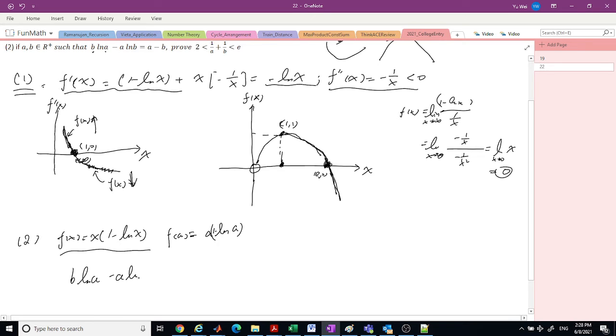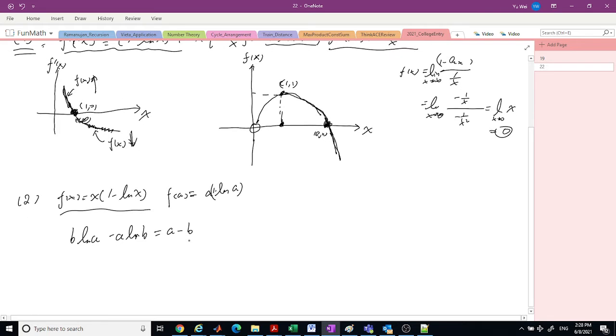Remember, a log a and 1 over a log a have no much difference, because negative log a is log 1 over a. You only need to introduce the sign, just flip it.